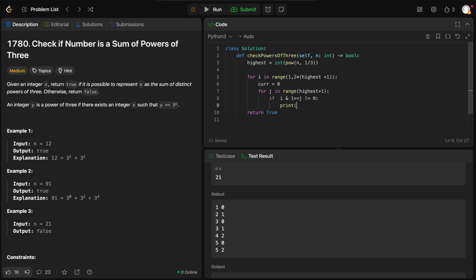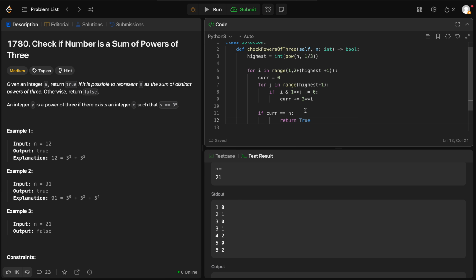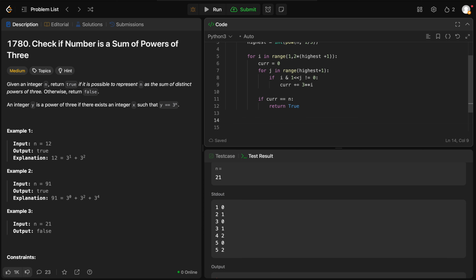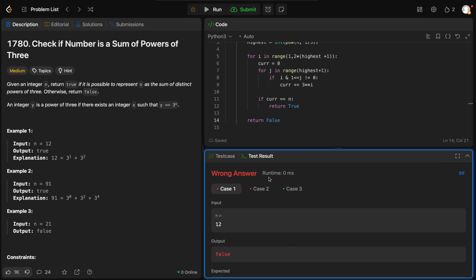So cur plus equal 3 to the i, and if cur is equal to n, return false. So something like this.